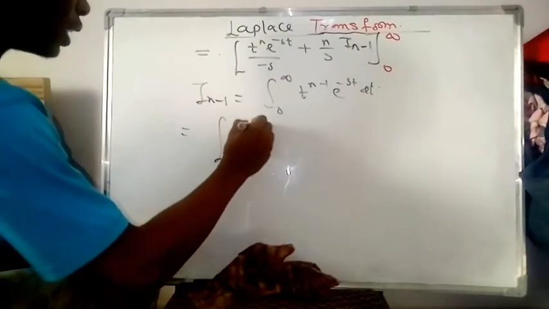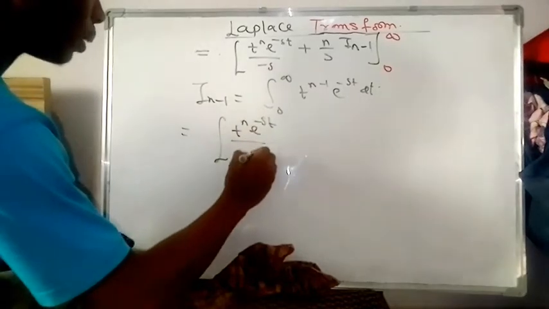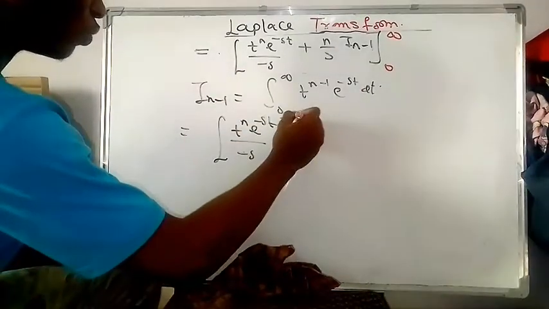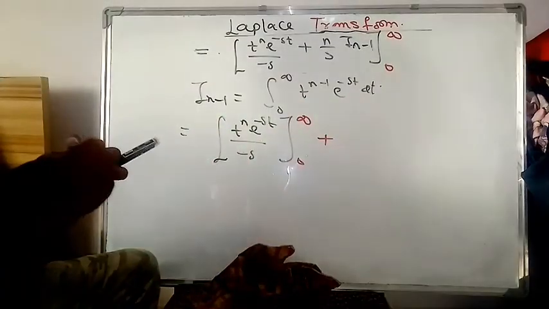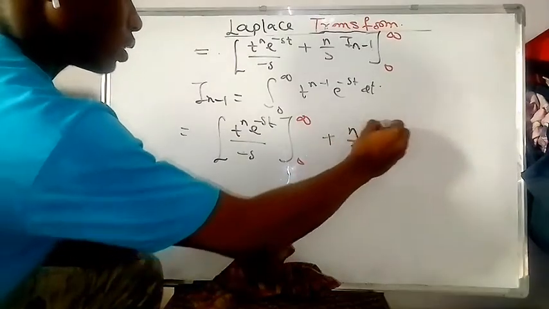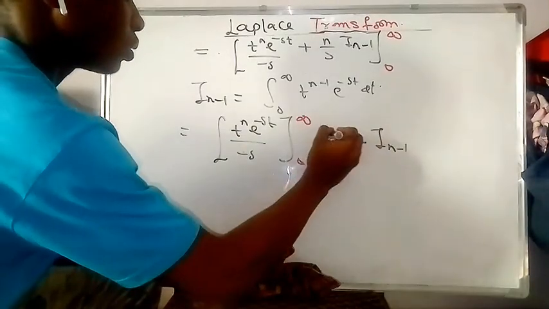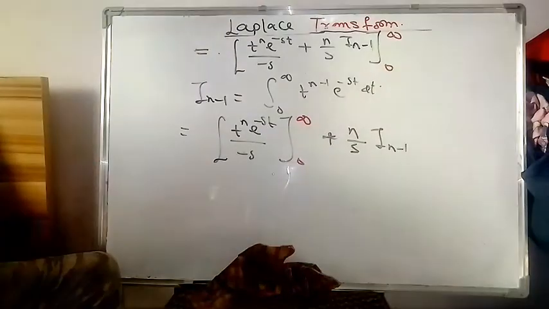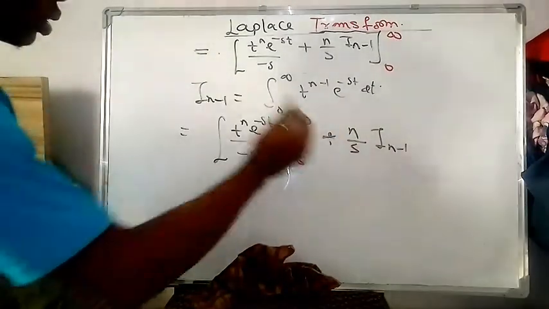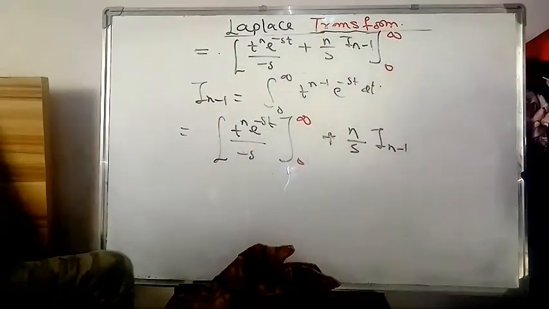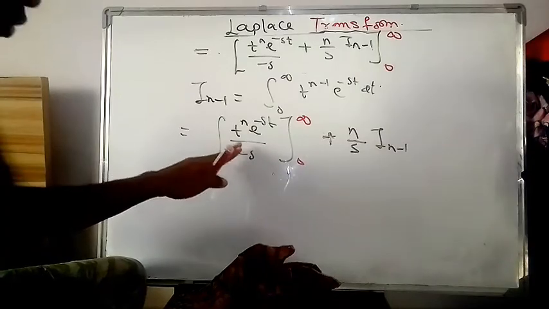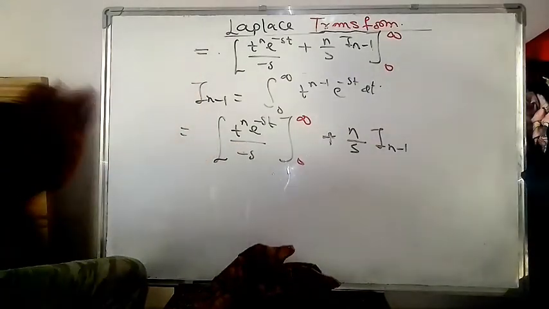t raised to power n, exponential minus st divided by minus s, taking our limit towards this place from 0 to infinity, plus n divided by s, I n minus 1. So now we're going to take our limit only towards this side. Taking the limit, if I put infinity and put my 0, what am I going to have?